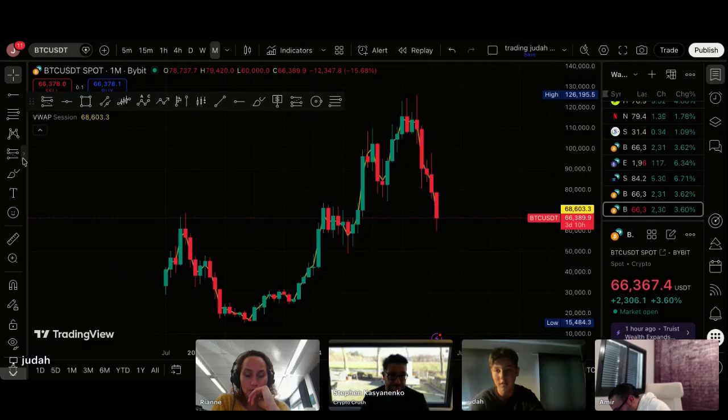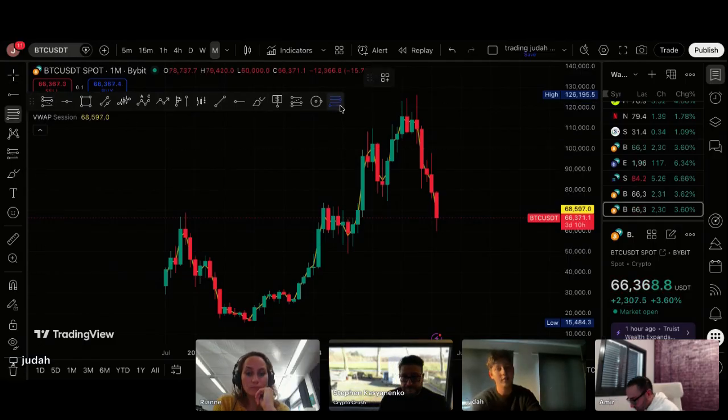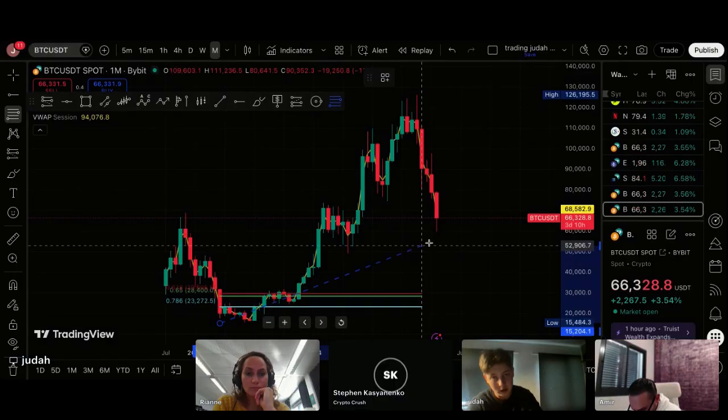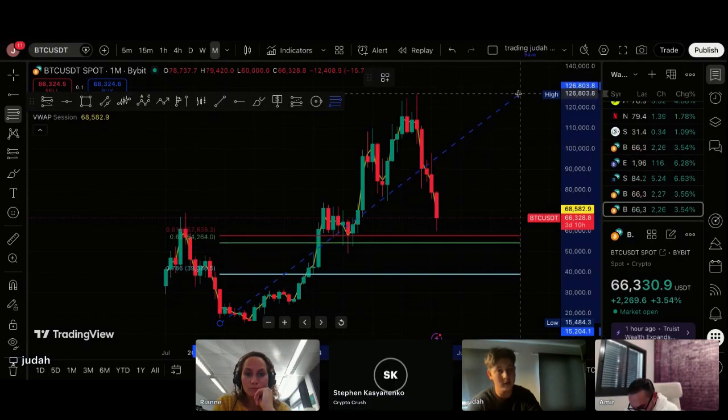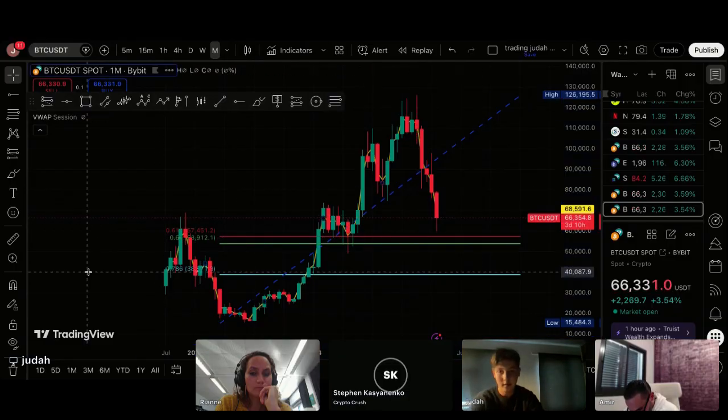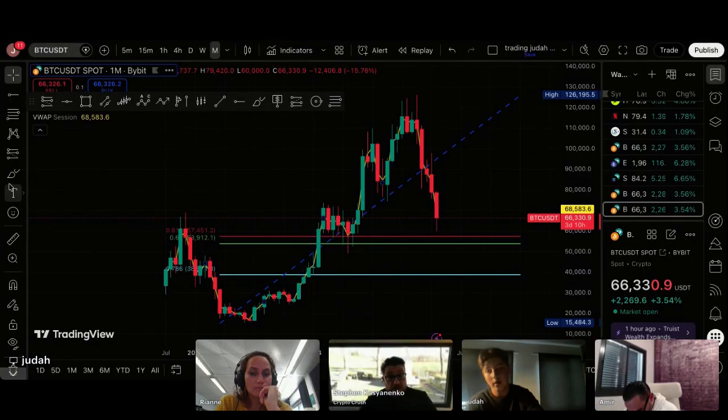Also, if we use the Fibonacci retracement tool from the Bitcoin bear market bottom to the Bitcoin bull market top, the Fibonacci golden pocket comes in around the 57 to 53,000 zone. And in my opinion, this is a great time to enter a long trade.